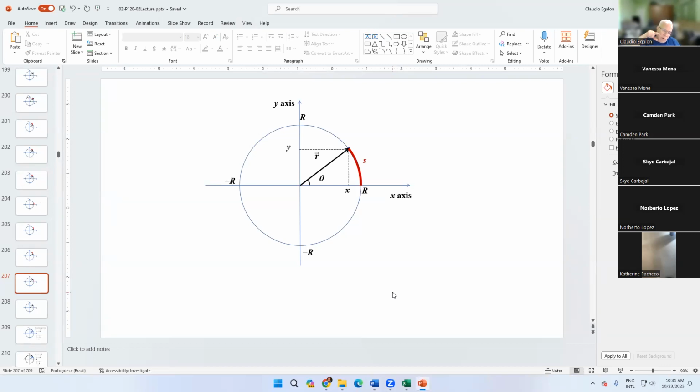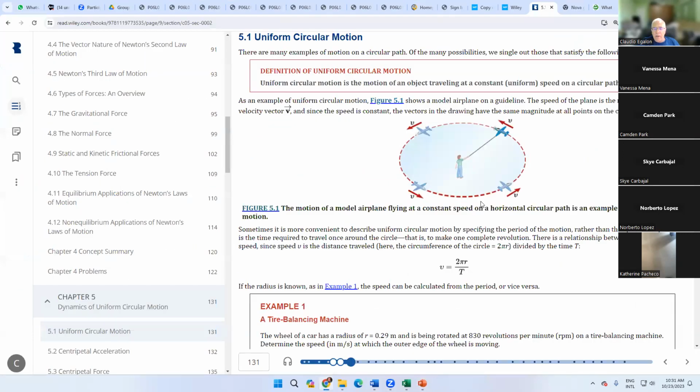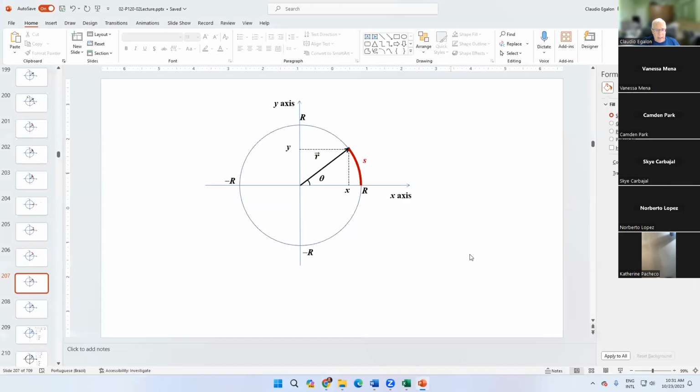The acceleration of gravity is just into the board, if you were to draw the three-dimensional space. Another drawing would be this one here of the kid. This circle he's describing with the airplane is in the horizontal plane.